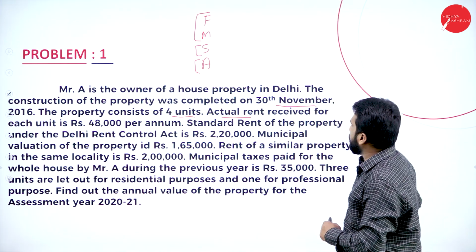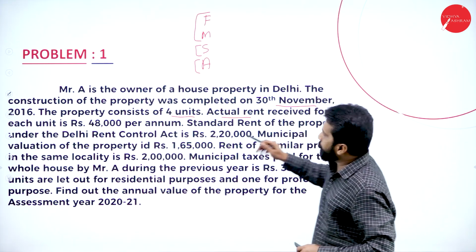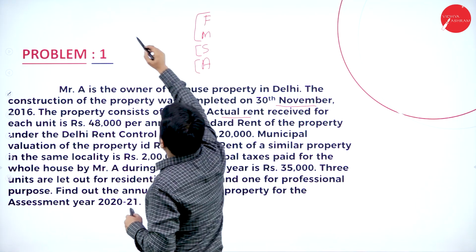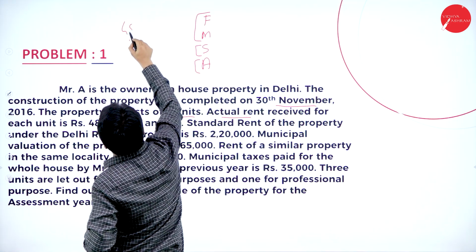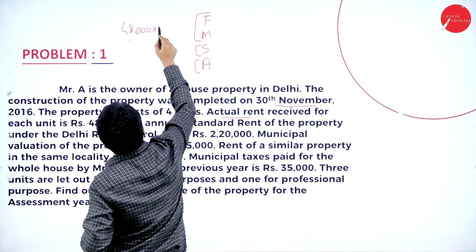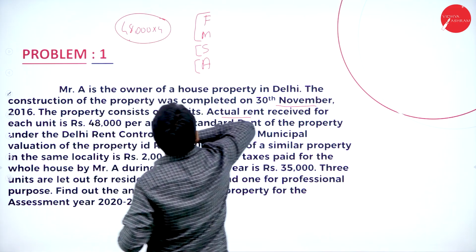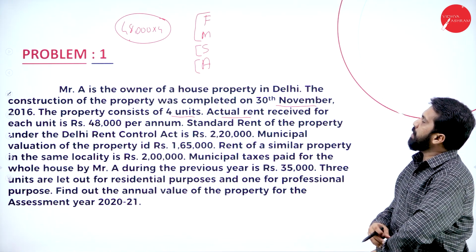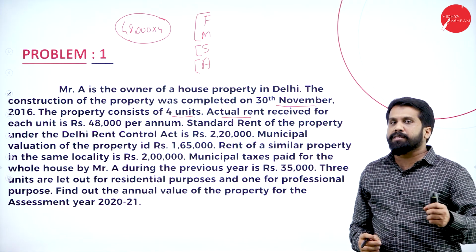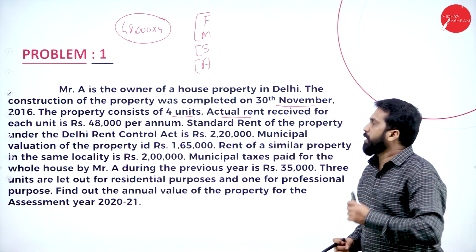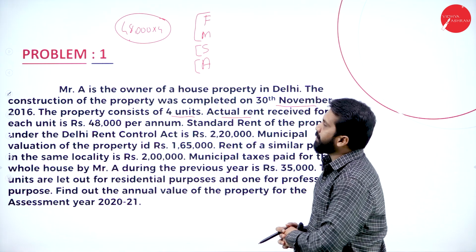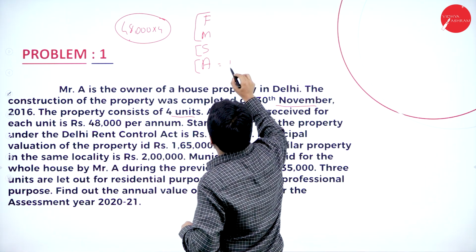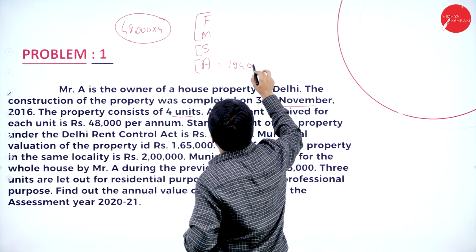Clear? Now, in this, actual rent received for each unit is 48,000. 48,000 multiplied by 4. How much will you get? You will get around 1,94,000. So 48 into 4 will be 1,94,000. Now, your actual rent is 1,94,000.